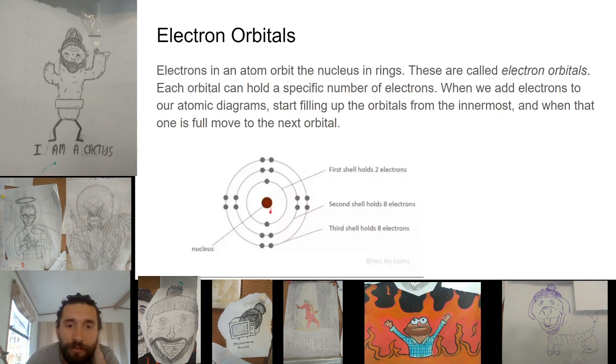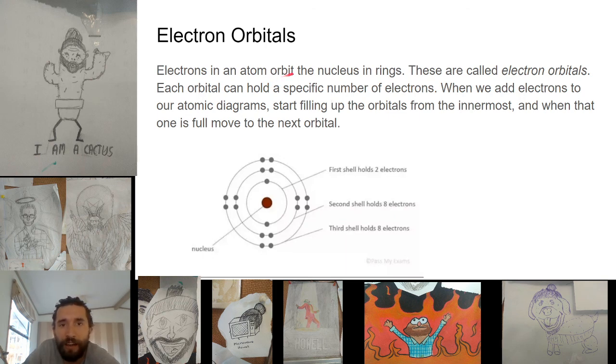The first shell or orbital can only hold 2 electrons, the second orbital can hold 8 electrons, and the third orbital can hold 8 electrons as well. We're going to only be dealing with the first 3 electron shells or orbitals, so don't worry about the fourth one. And orbitals, shells, they mean the same thing.